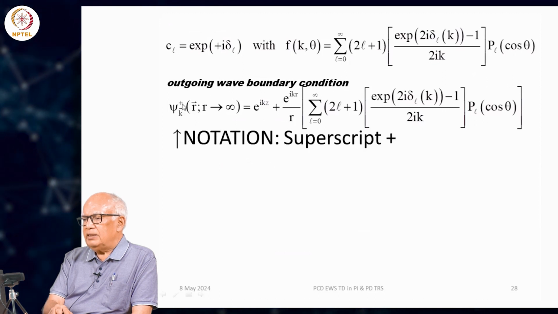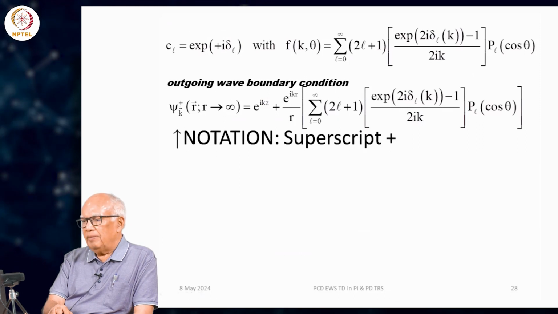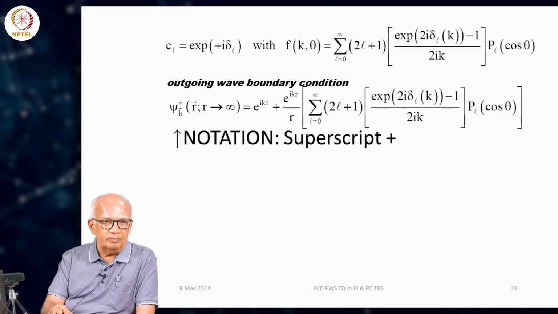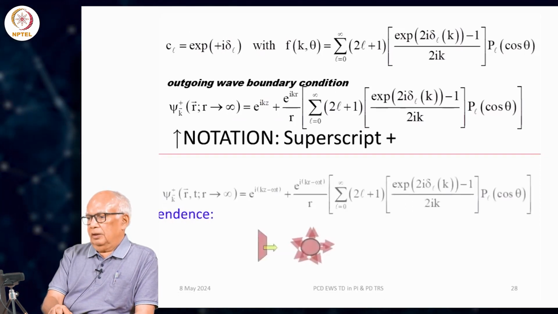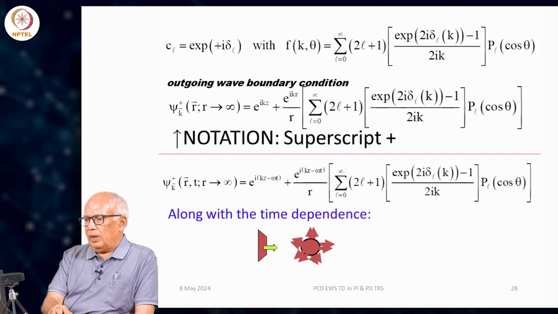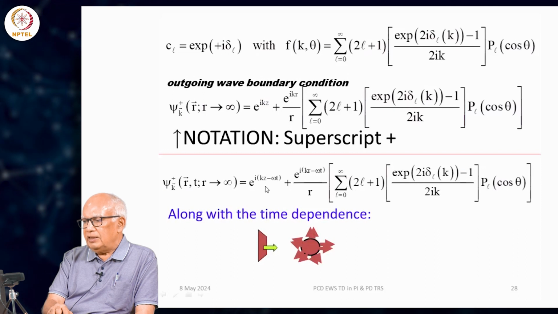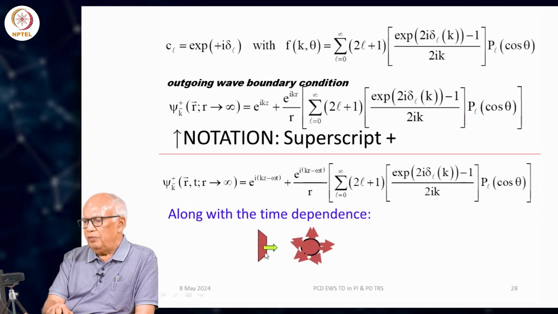I have placed a superscript plus to remind us that this is the result of the outgoing wave boundary condition. Now, along with time dependence, I insert e to the minus i omega t. So, you see that the first term is a plane wave which is moving from left to right.